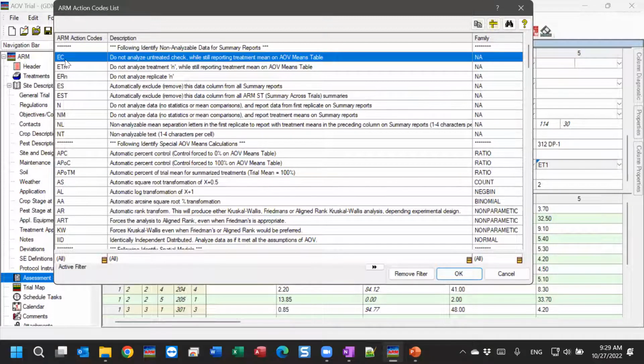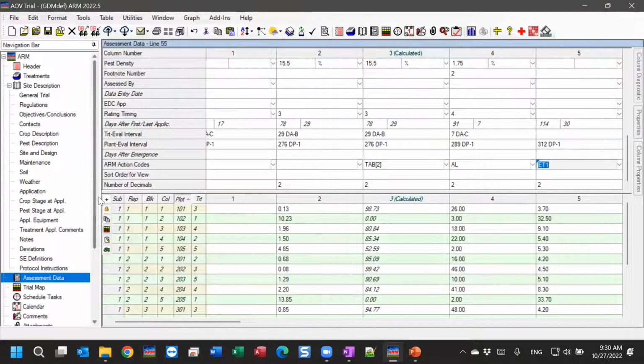I think the EC would be a little more clear as to the reasoning behind why we're tossing out treatment 1. It also has the benefit that it could be any treatment. If there's a change in treatment numbers, or if this was part of a standard assessment we wanted to save, then it doesn't matter if the treatment list gets moved around. ARM will look up in the settings.